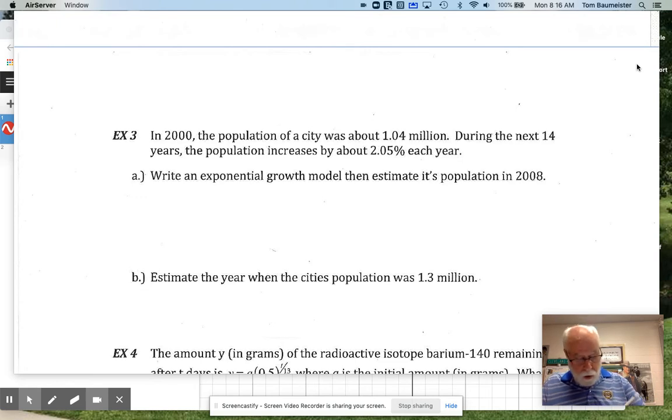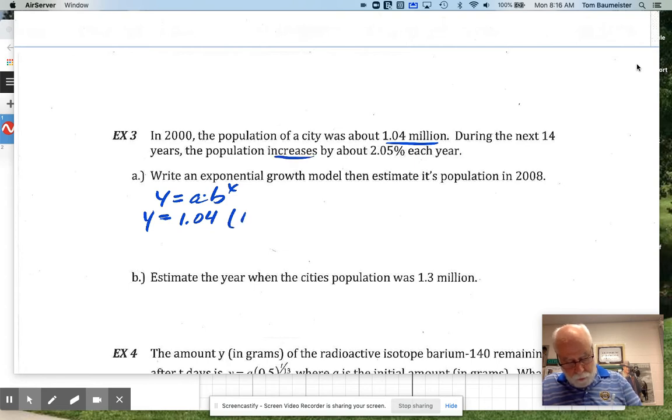So our exponential growth model is y is equal to a times b raised to the x power. Okay? We're told our initial amount was 1.04 million. So let's just go ahead and put 1.04, and then we're going to find out what the million is.